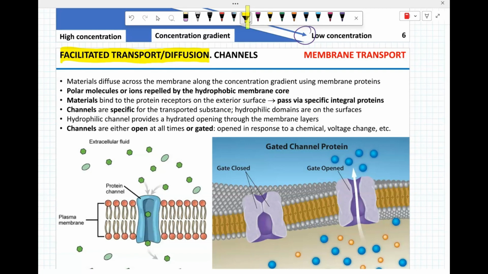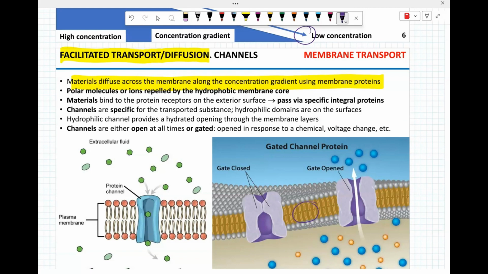So in case of facilitated diffusion, molecules cross the membrane along the concentration gradient via transmembrane proteins. The problem with the transport of polar molecules is that they're going to be repelled by the hydrophobic core of the membrane. This is why they can't cross the membrane directly.